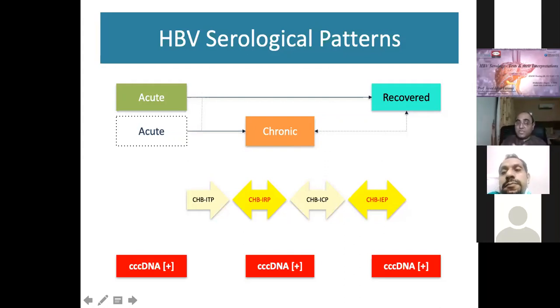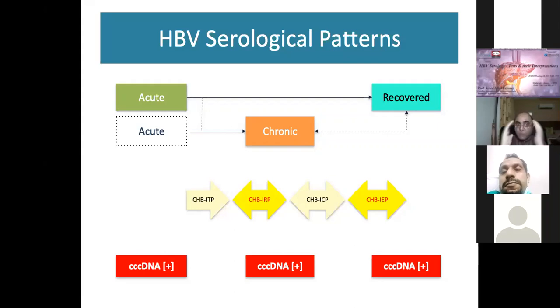When we discuss the serology, our patient may fall in this group: acute, or the chronic immune tolerant phase, or immune reactive phase, or chronic immune control phase, or chronic immune escape phase, or recovered phase. I showed this slide to you to understand the main basic pathological, serological, or virological phases.